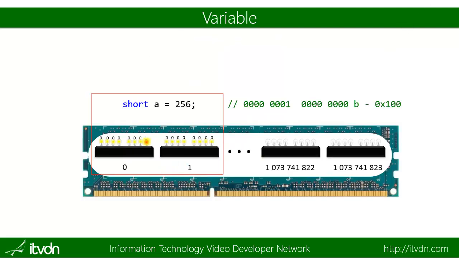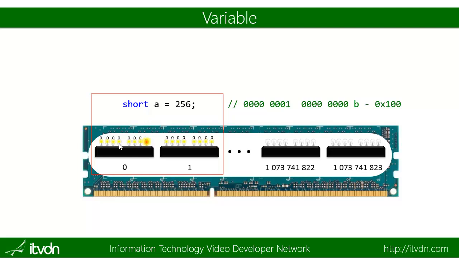Here we have another example of a variable, in this case a short-typed variable. So we created a short-typed variable named A and assigned a value of 256 to it. Now, why are we using short? Remember I told you that a byte-typed variable can hold a maximum of 255. Well, if you need 256, what you need to do is to use the short type, because the short type has more capacity than the byte type.